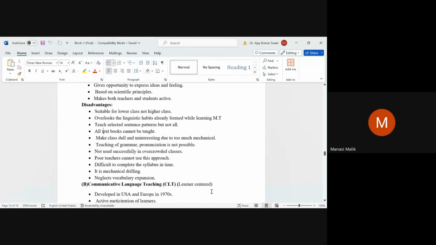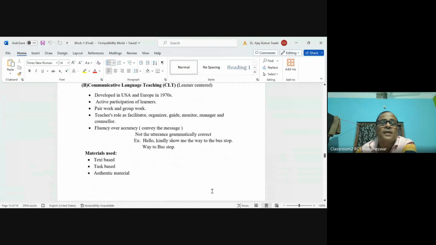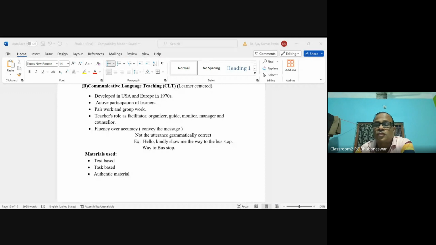Okay. And another approach is the communicative language teaching approach. Structural approach was one. This is the communicative language teaching approach. It is learner centered.